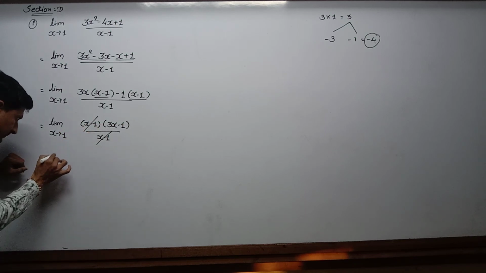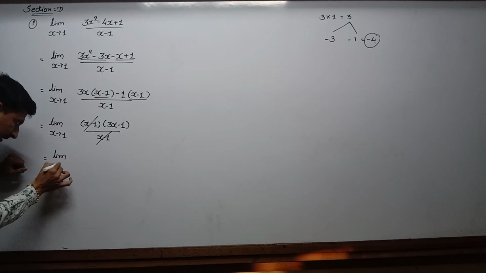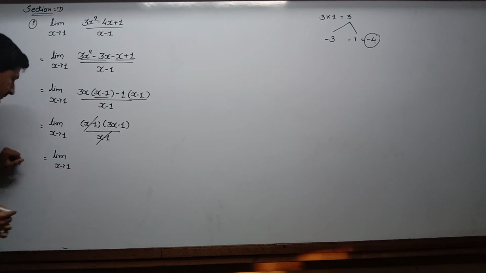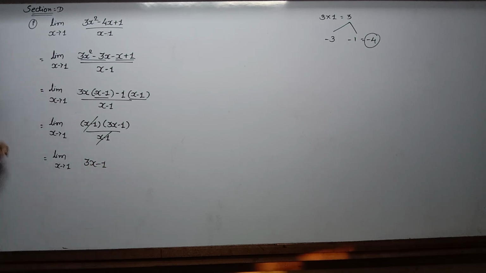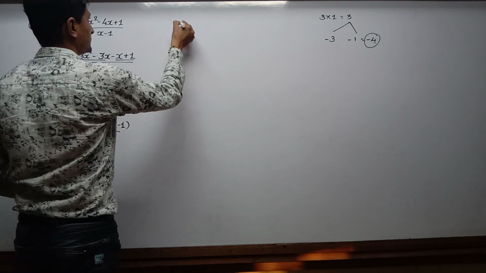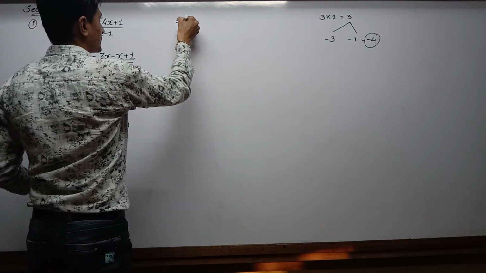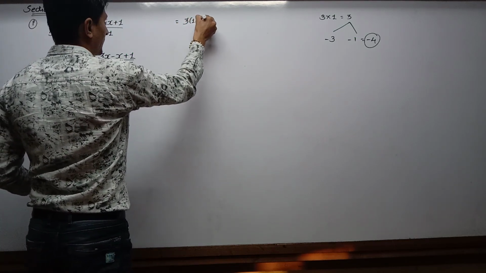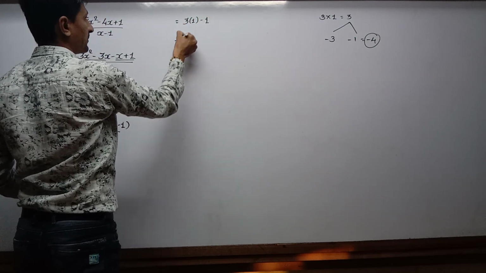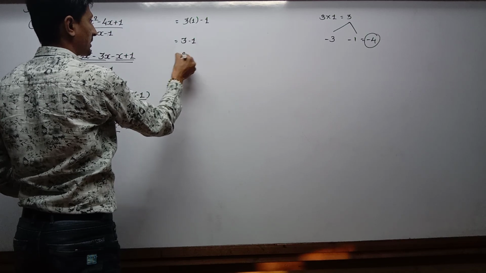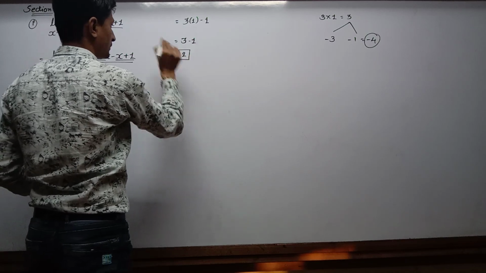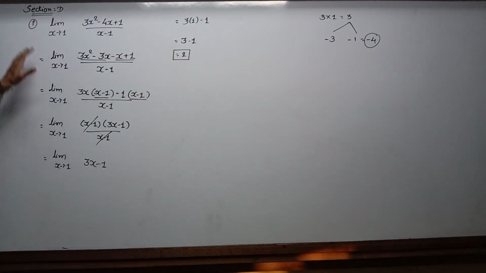Now next step, limit x tends to 1, 3x minus 1. Now next step, putting x, in place of x what will you write? 1. So 3 in bracket 1 minus 1, 3 into 1 is 3, 3 minus 1, your answer is 2. Okay, so you have completed question number 1.